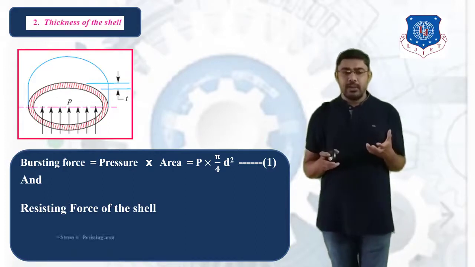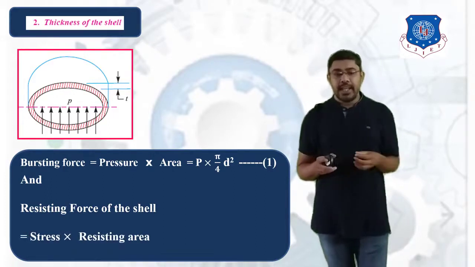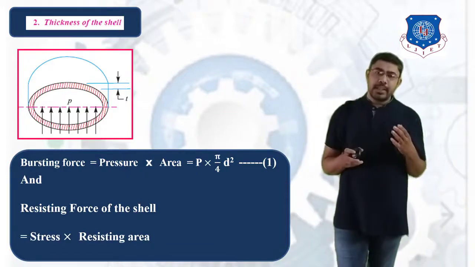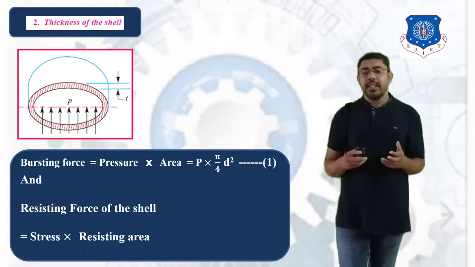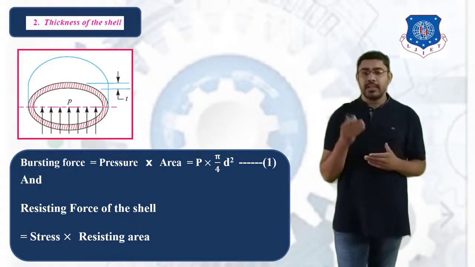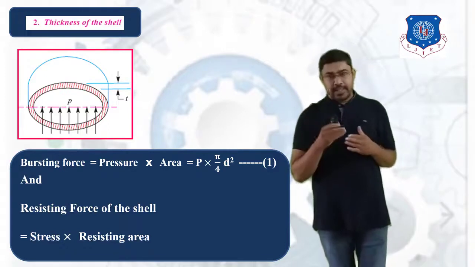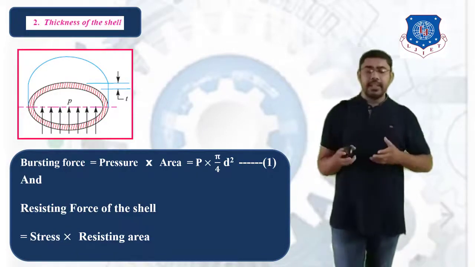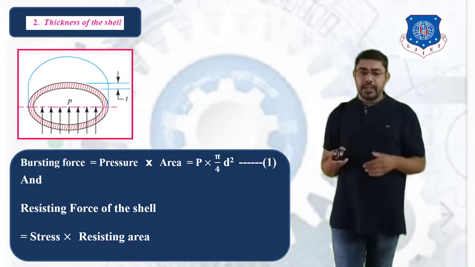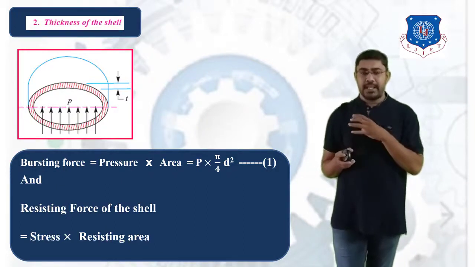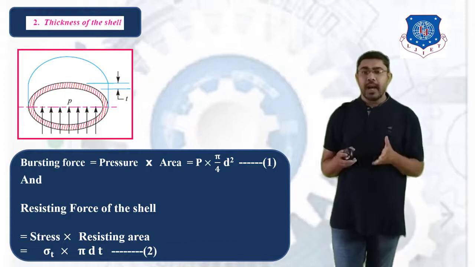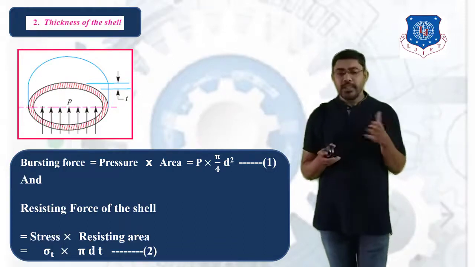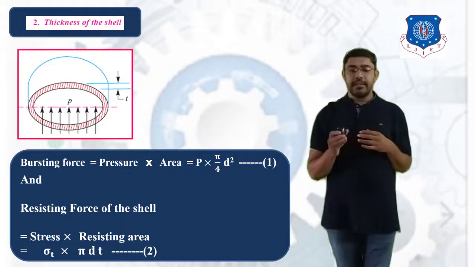Resisting force is equal to stress into resisting area. Here the stress is the permissible stress, sigma t, and the hatched portion shows the resisting area, which is pi d into t. So the resisting force of the shell is sigma t into pi into d into t. This is equation number 2.